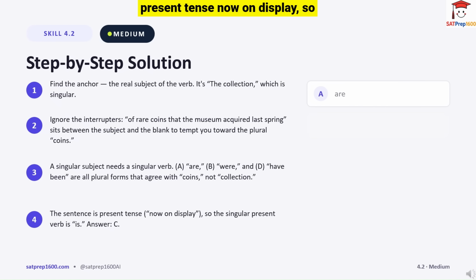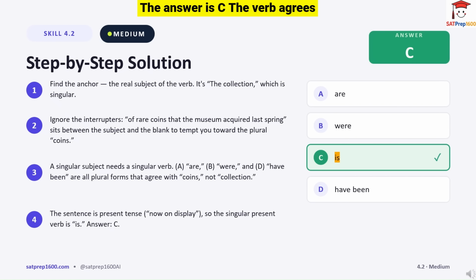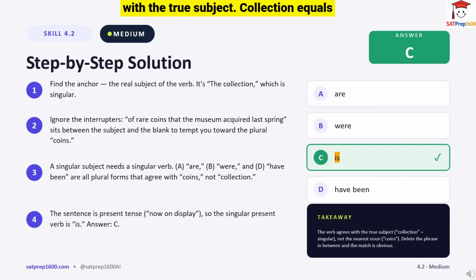The sentence is present tense, now on display, so the singular present verb is. The answer is C. The verb agrees with the true subject, collection, singular, not the nearest noun, coins. Delete the phrase in between, and the match is obvious.